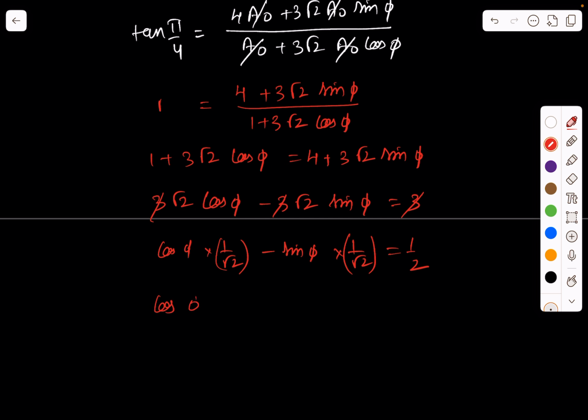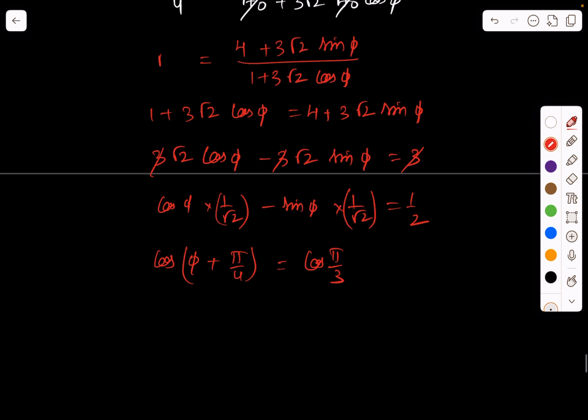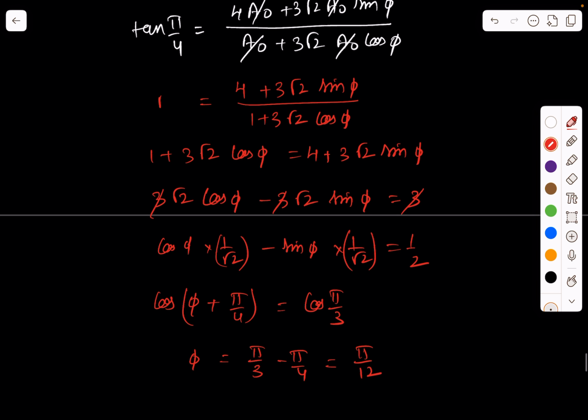So we can write it as cos of phi plus pi by 4 as equal to cos of pi by 3, and so phi we get as pi by 3 minus pi by 4, which on subtraction gives us pi by 12. So this is the answer to this problem.